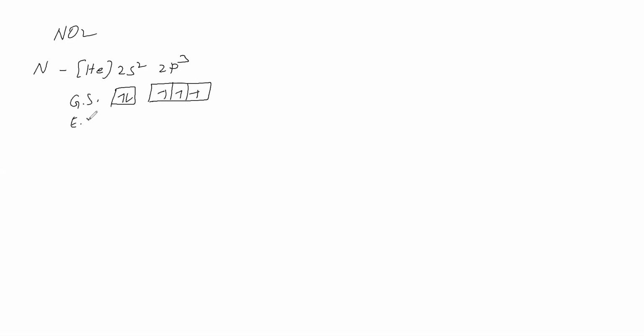If we go for the excited state, you may ask, it can't go to the excited state because the valence shell of nitrogen does not have any more orbitals. Therefore, this pair will not become unpaired. These 2 electrons do not unpair, so it will remain paired. So the nitrogen valence shell will have 3 unpaired electrons and 1 electron pair even in the excited state.